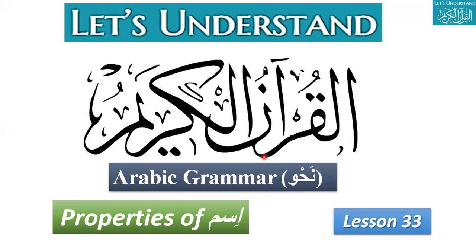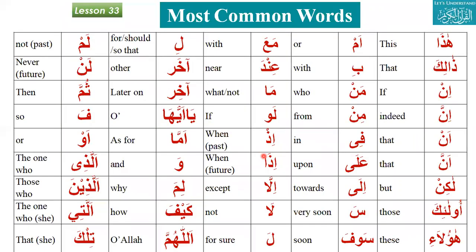Ism in the table, as I already told you, in the complete table there is madi, mudare, amr, nahi. This is verb. The second part, fa'il, maf'ul, masdar, is ism, and we will see more examples of ism. Before that, we started this table at the beginning of the course, almost after finishing level 0.